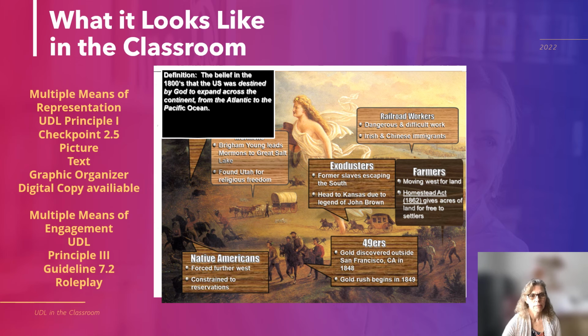They filled in the bubble and gave a definition of what manifest destiny means. That's what they did as a group, and it was the opener for manifest destiny. That was the multiple means of representation and the multiple means of engagement that happened in the classroom. It helped them understand how this unit was going to play out and the importance of it.